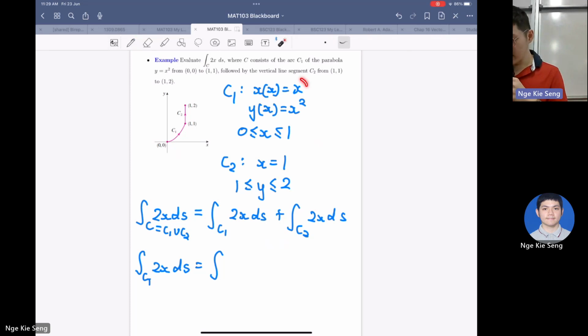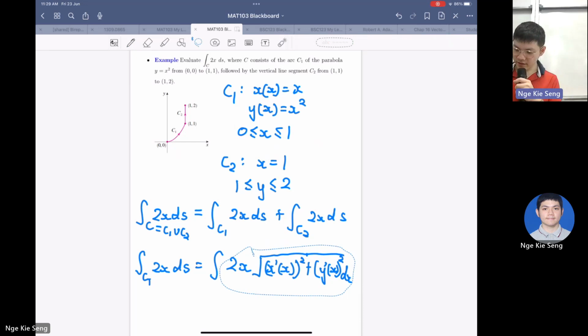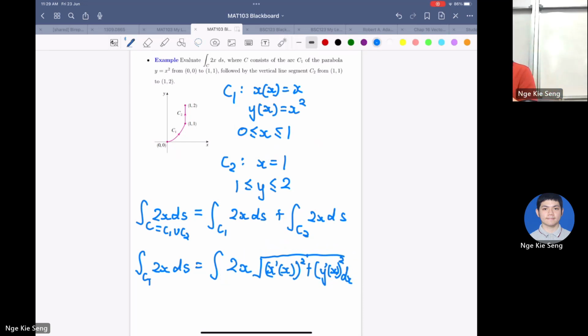Because our C1 can be described just using x. So 2x dx becomes 2x times the square root of x prime squared plus y prime squared dx. What's the integration domain? 0 to 1. Okay, good.